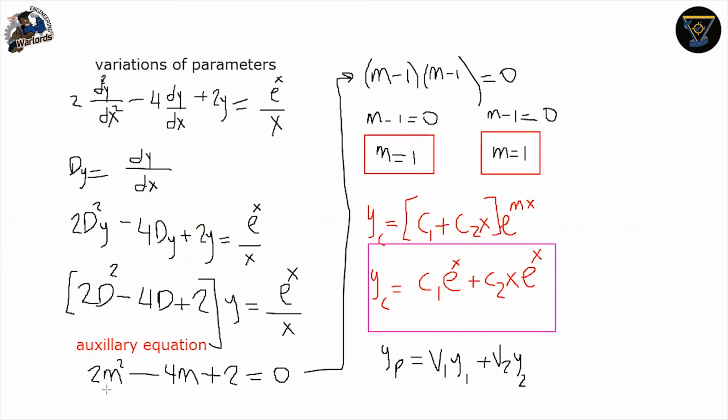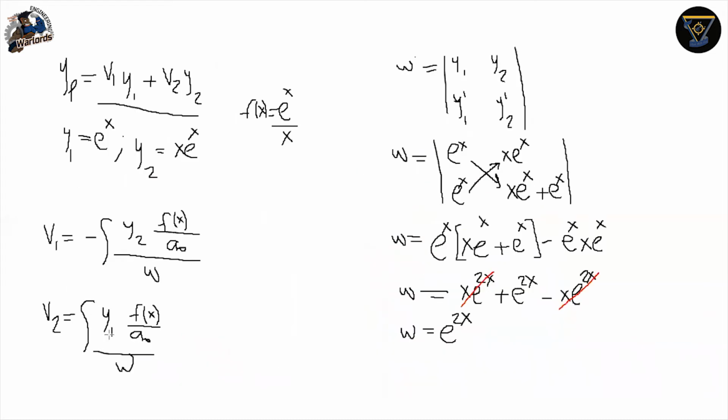We know to find YC. You put it in the operator, and then you use this formula. YP is that you just use this formula, V1, Y1 plus V2, Y2. We gave it the formula for V1 and for V2, which was these. And then all you do is just substitute in everything and then just integrate. And you just easily get your answer.